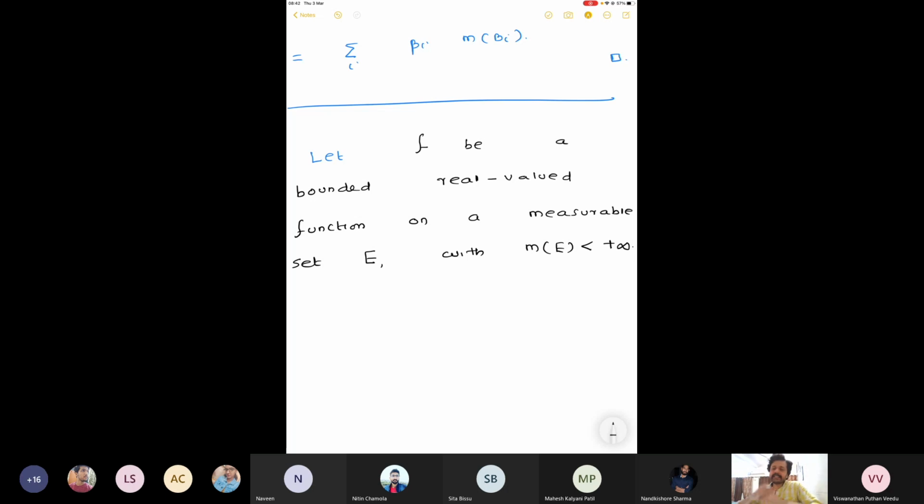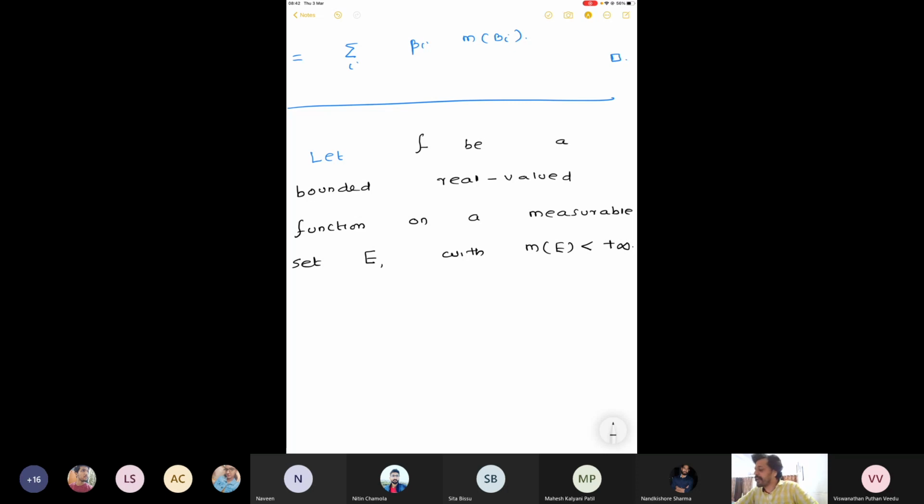So we are in a slightly more general case, but still there are some assumptions. The function should be bounded. I don't want non-negativeness, but the function should be bounded. It should be defined on a measurable set E whose measure is finite. So I cannot deal with functions defined on the entire R, for instance.